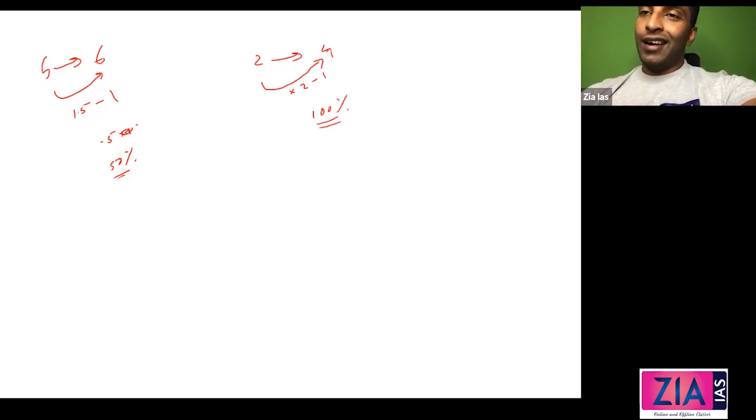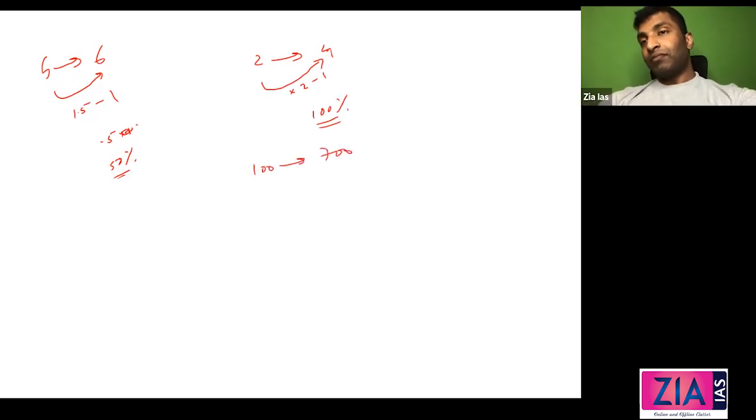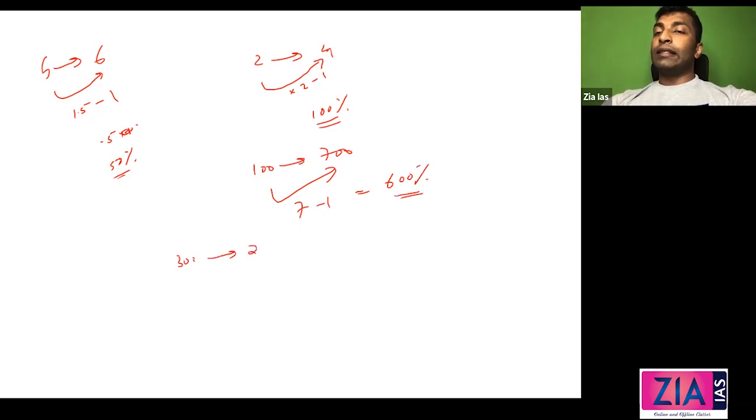Okay, like 100 to 700. For factor of multiplication, 7. Clear? What do you need to do now? Minus 1. What do you get? 6. What do you need to do now? Add 2 zeros. 600% change there. 300 to 2700. What is the factor of multiplication? 9. What do you need to do now? 9 minus 1.